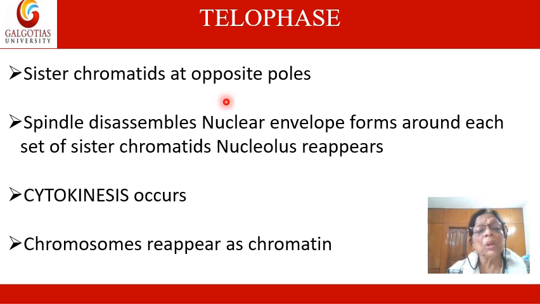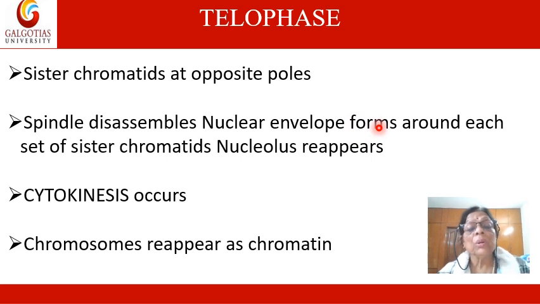Now comes telophase. Sister chromatids are at opposite poles. The spindle disassembles in this stage, and the nuclear envelope again starts forming. So actually the nucleus is now divided into two nuclei.